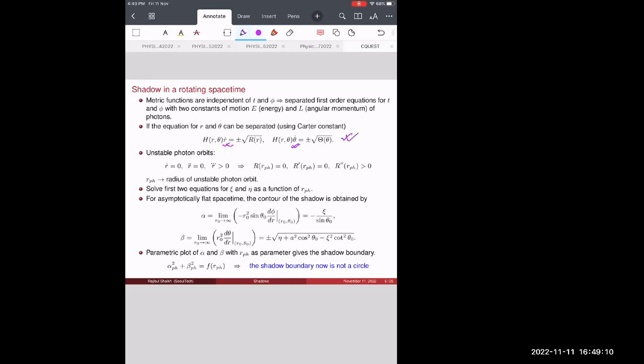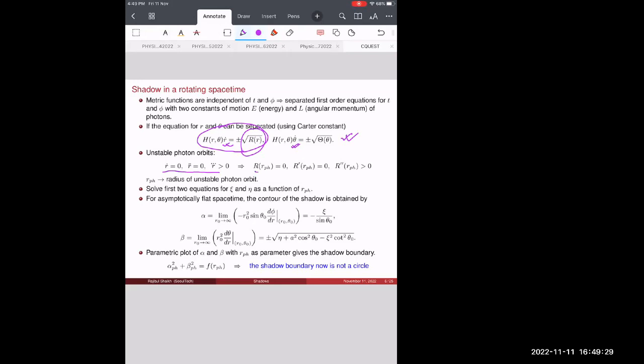Now, in this equation, capital R acts as an effective potential. From this effective potential, we find the unstable photon orbits, and the conditions for unstable photon orbits are these.